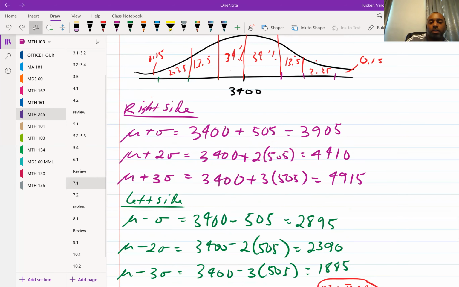The proportion of the pediatrician's 3-year-old females who are less than 35 inches tall is 0.1210. All right, is that okay?